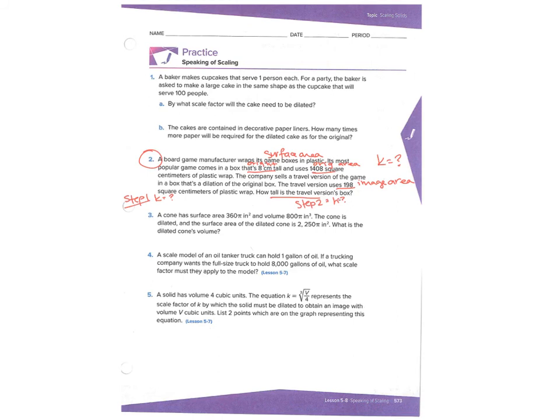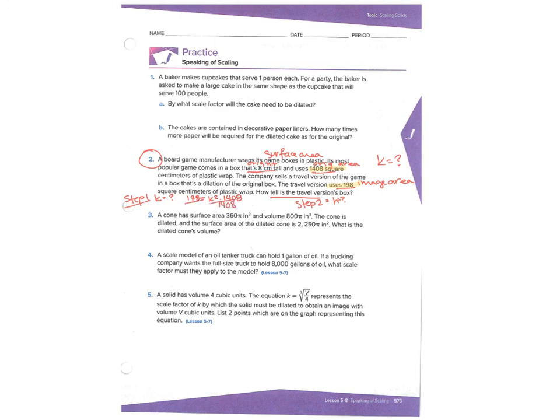So let's first figure out k. The only way I can figure out k is using my area equation. I'm told the original area and I'm told the image area. So I'm going to use those. So let's set up our equation. Our equation is that my image area, which is 198, equals k squared times my original area, which is 1,408. I'm now going to divide the 1,408 over.